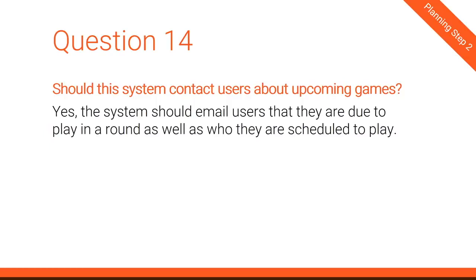So the system should email users that are due to play in a round as well as who is scheduled to play. So every player who's actually playing the current round will get an email saying, you're playing game number 3. It's Tim versus Bob. And that's probably about it.